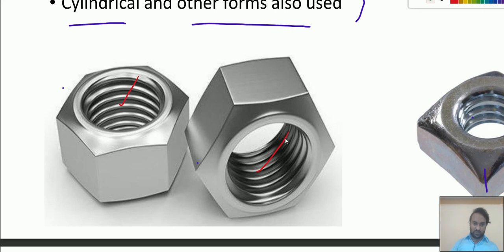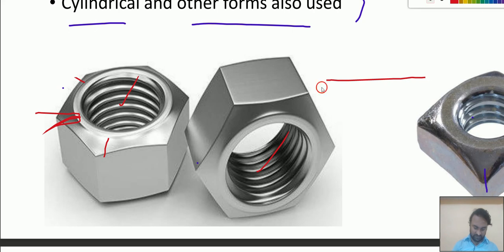What I wanted to discuss one more thing here is the chamfering at the top. You see, this is some curved portion here all around. So it is actually like this.